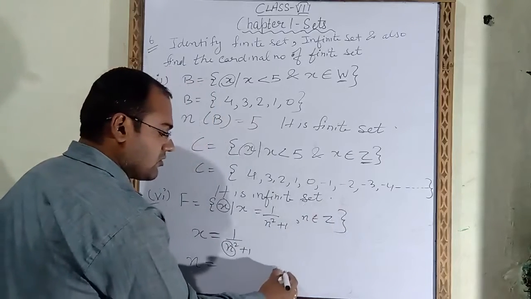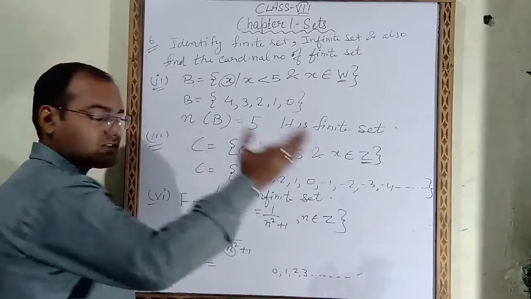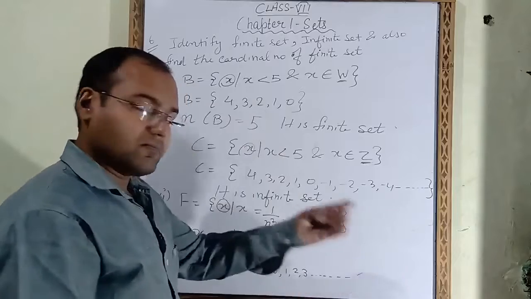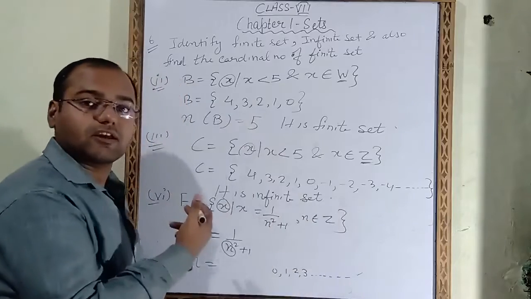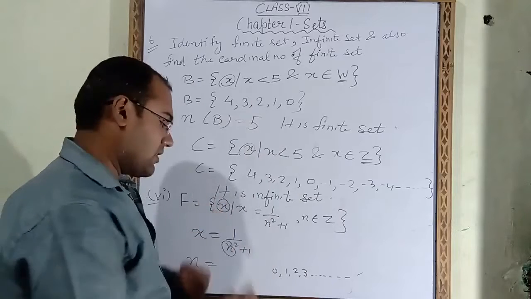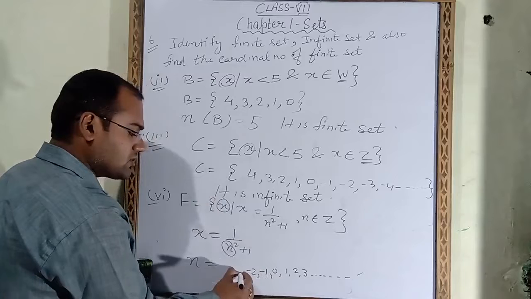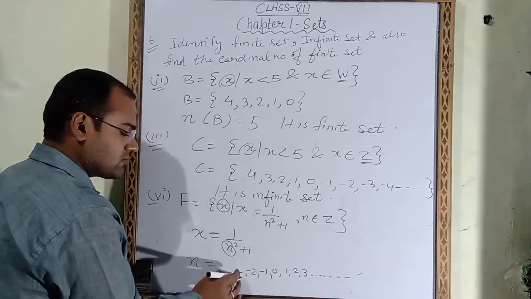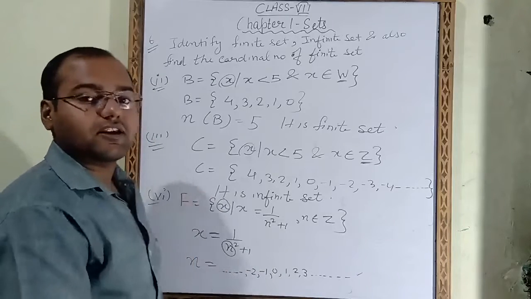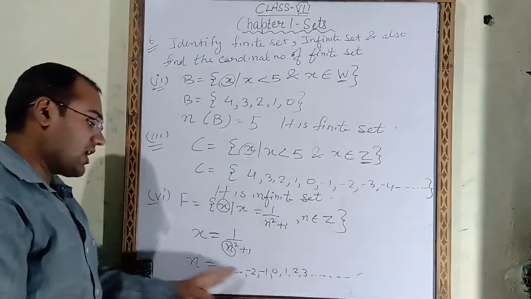Integer means 0, 1, 2, 3 and so on. Many numbers are there which are integers after 3. In negative also we can take, because integers are positive numbers also, negative numbers also. So 0, minus 1, minus 2, and so on. Many more numbers are there in negative also which are integers.